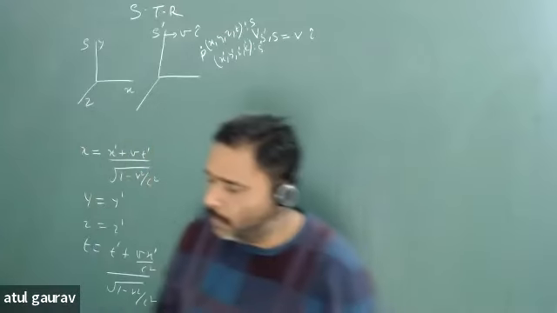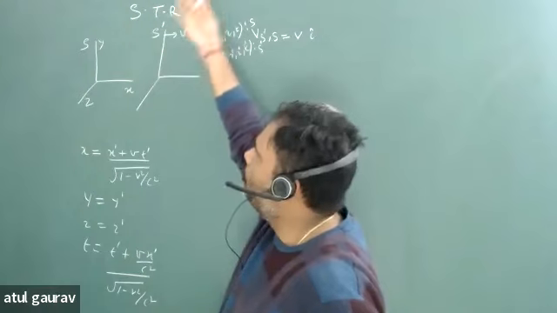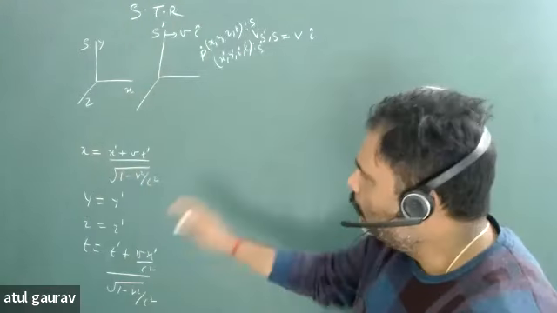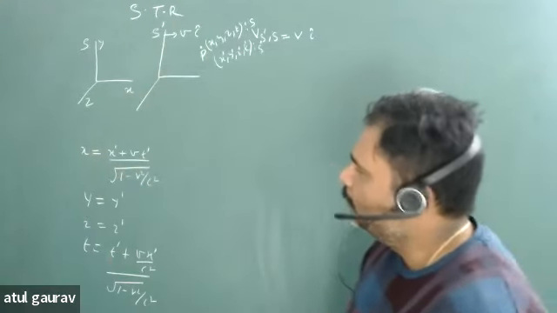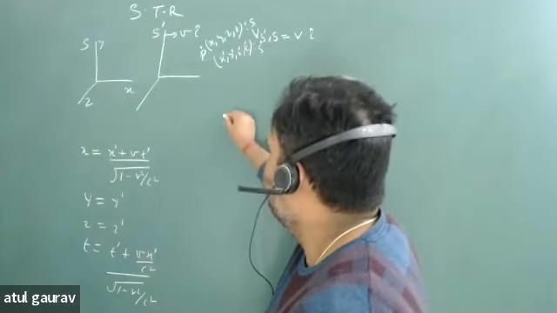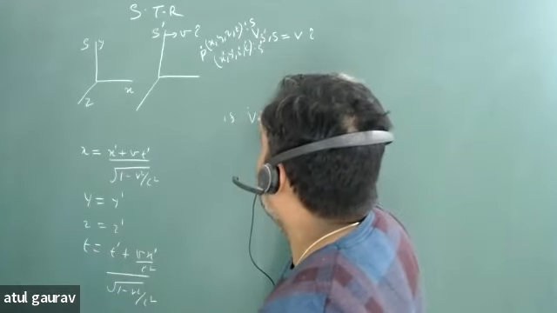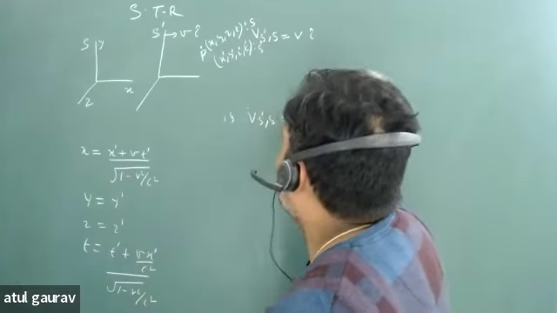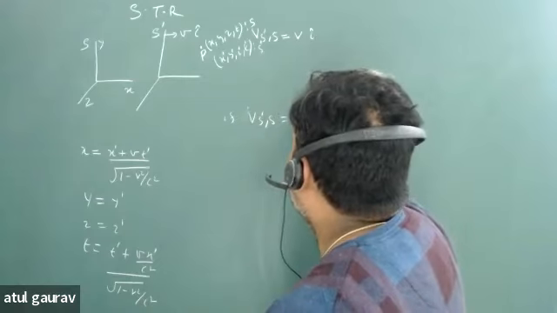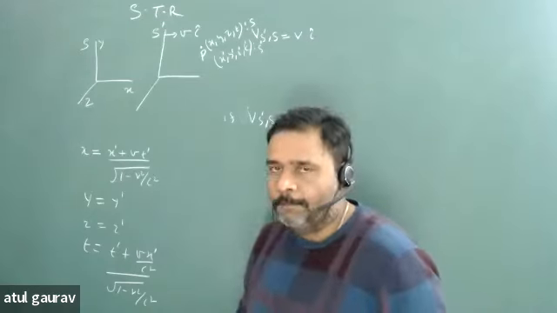Now, my question is: suppose this S dash is moving in the Y direction. How is this Lorentz transformation going to change? X is equal to X dash. Obviously, if the velocity of S dash with respect to S is V in the j cap direction, then the whole symmetry is going to change.